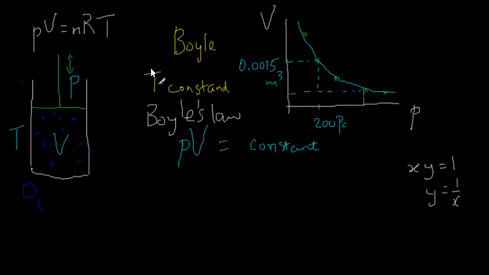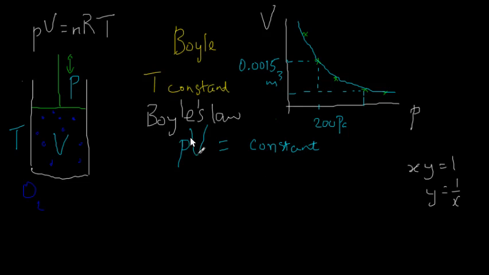We have seen that when the temperature is kept fixed for a box of gas, and you are allowed to change the pressure and the volume, the pressure times the volume must be a constant.